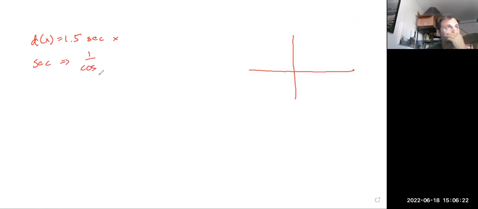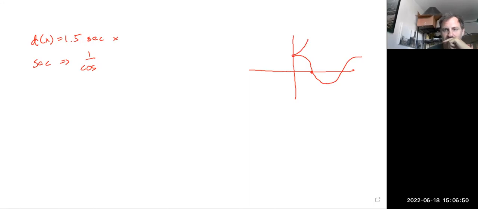If we're thinking about the cosine, cosine looks like this. Whenever we hit 0, we're going to have a problem because 1 over cosine would blow up. Also, this point here will be touching, so we're going to have these matching parts.